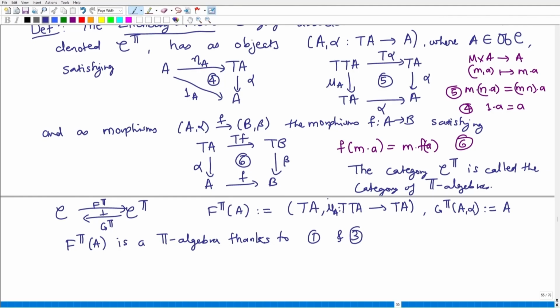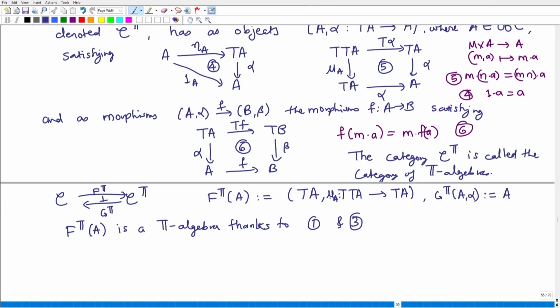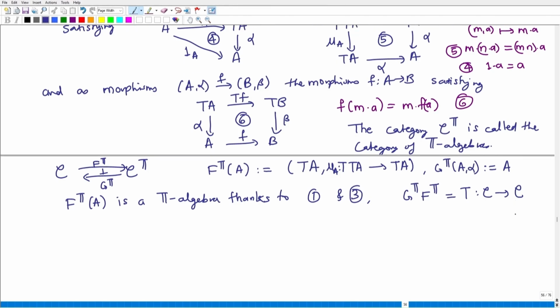Finally, what is the endofunctor induced by GTFT? You can see that it is actually equal to T from C to C. Because you start with an object A, you go to TA comma mu A and you forget about mu A, so you return to just TA. So GTFT is actually T. Then what is the unit of this adjunction?